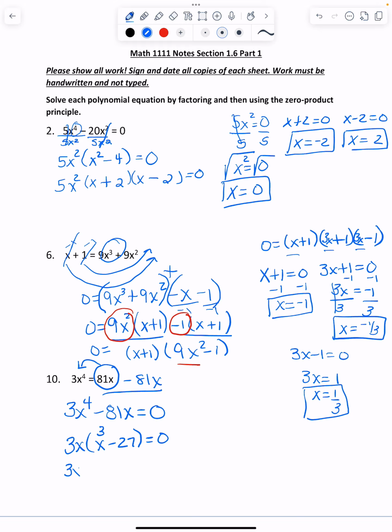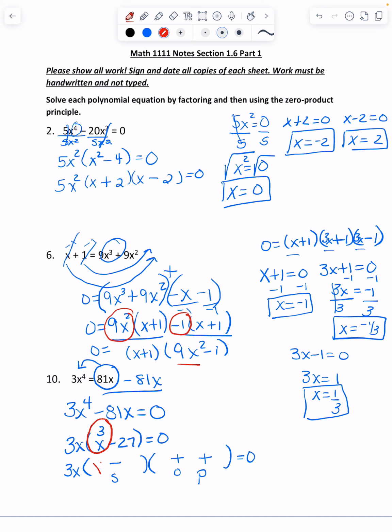So remember that to factor that, I'm going to have to use the SOAP method: same sign, opposite, positive. So same sign, opposite of that sign, positive, and then we're going to go through the pattern for factoring cubes. What number do I cube to get x to the third?